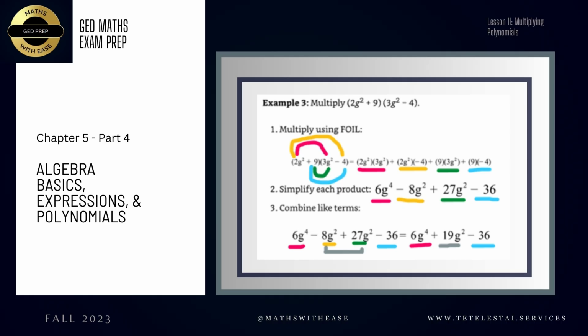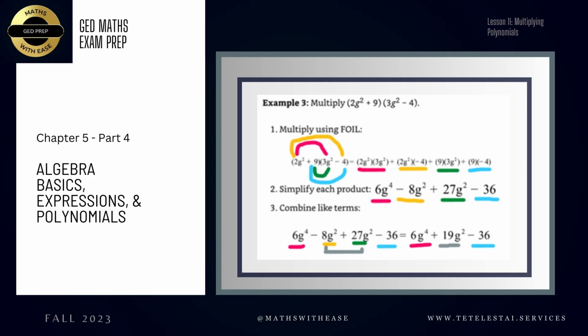And so we're going to add those two terms together. Negative 8 plus 27 is 19. And so our final expression is going to be 6g raised to the power of 4, and we saw how we got that here, plus 19g squared. And we got that by adding these two terms together.